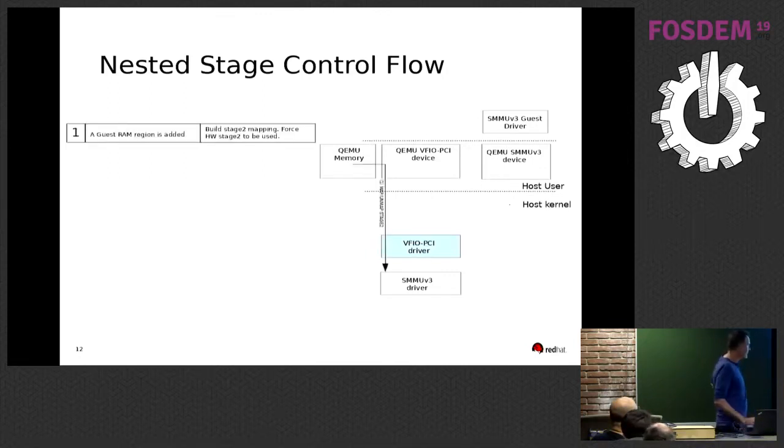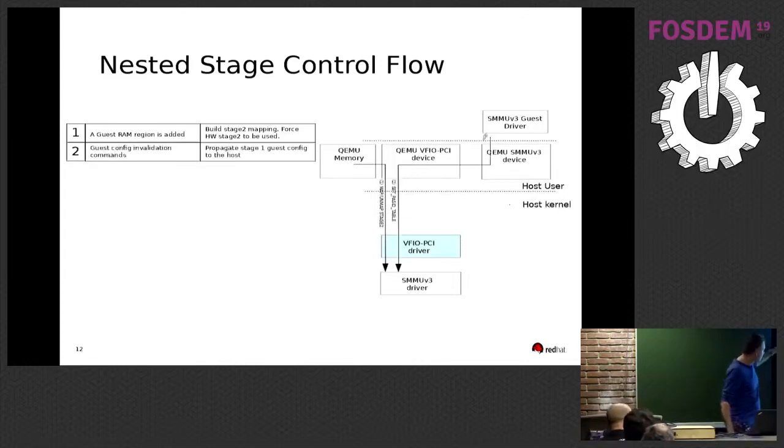The first thing we have to do is, each time at QEMU level we detect that a guest RAM region is added, we need to inform the virtual machine monitor so that it programs the stage 2, the guest physical address to host physical address mapping. Previously stage 2 was not used at all, it was stage 1 rather. And it goes through the VFIO PCI IOCTLs, so DMA map.